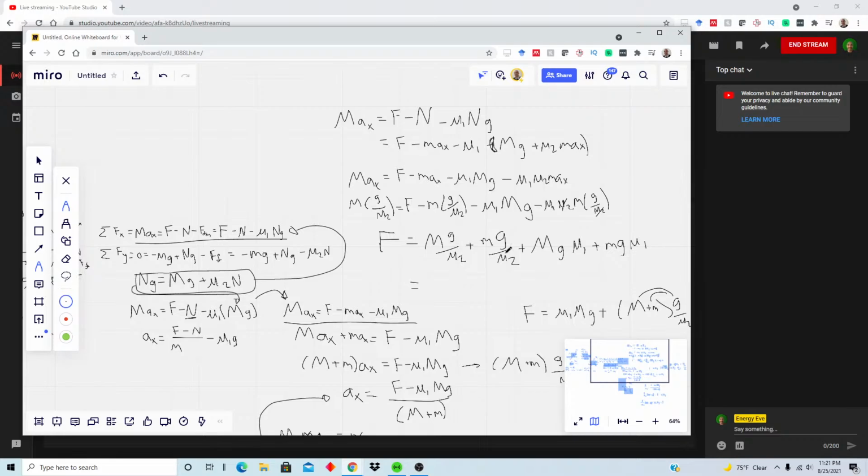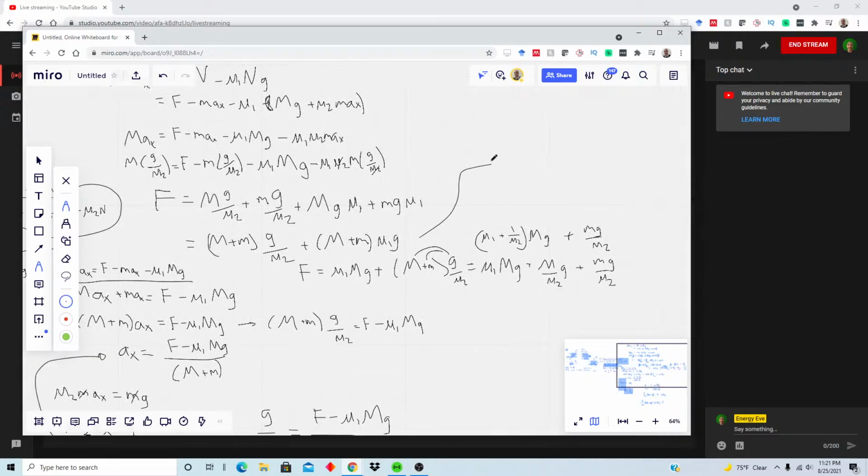So when you factor out this, you get this. You factor out this, you end up getting this. And then from here, you can factor out the big M plus little m.